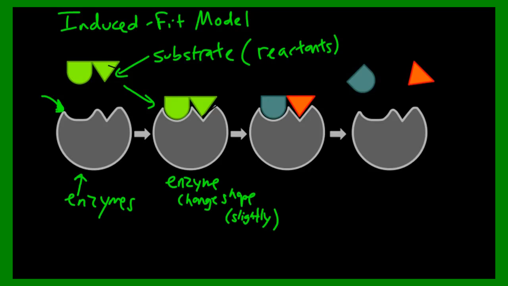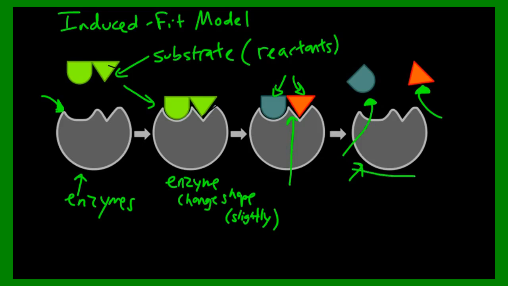When it changes shape slightly, notice what happened to our substrate. It's no longer green, but it's two different colors. It has separated the substrate into two different things, and it releases products. When it releases those products, notice what happens to the enzyme.